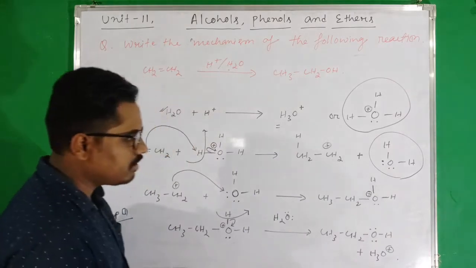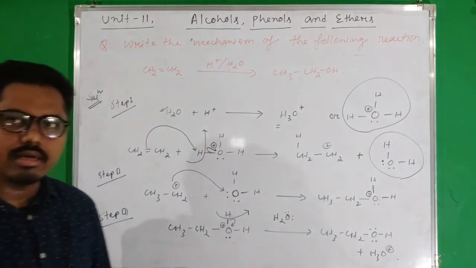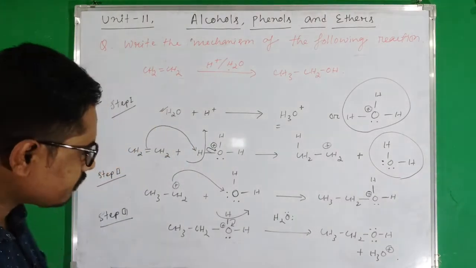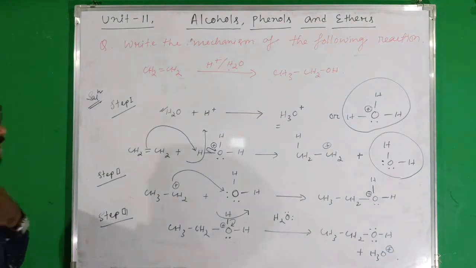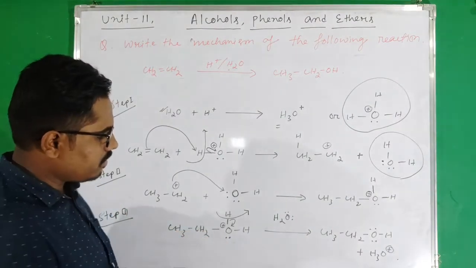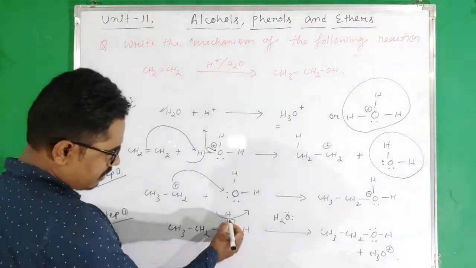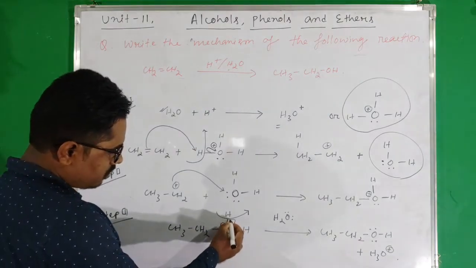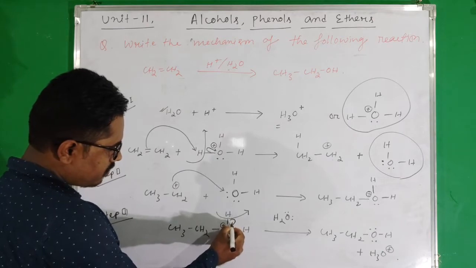You have already studied in class 11 chemical bonding chapter. Okay, now since one positive charge appears on the oxygen, therefore this oxygen will attract the electron pair of this bond towards itself.